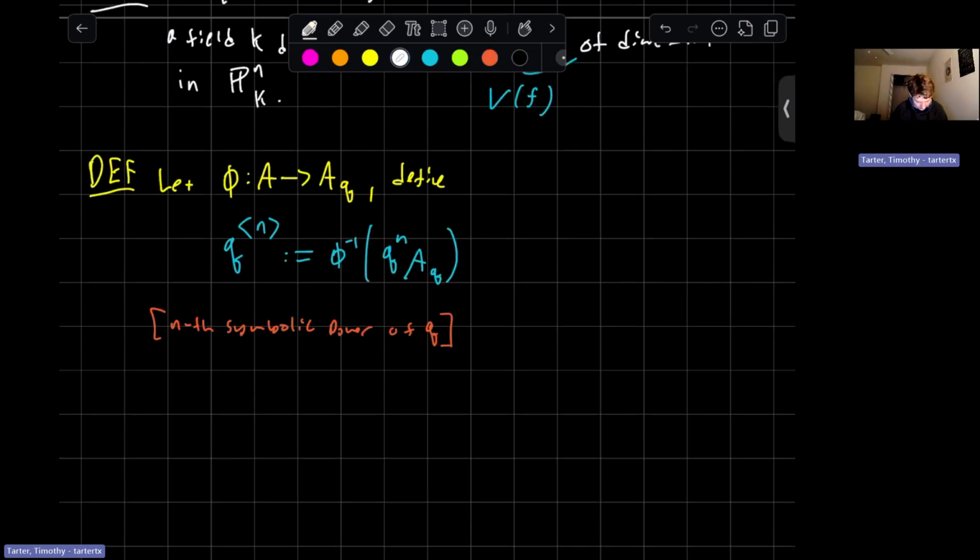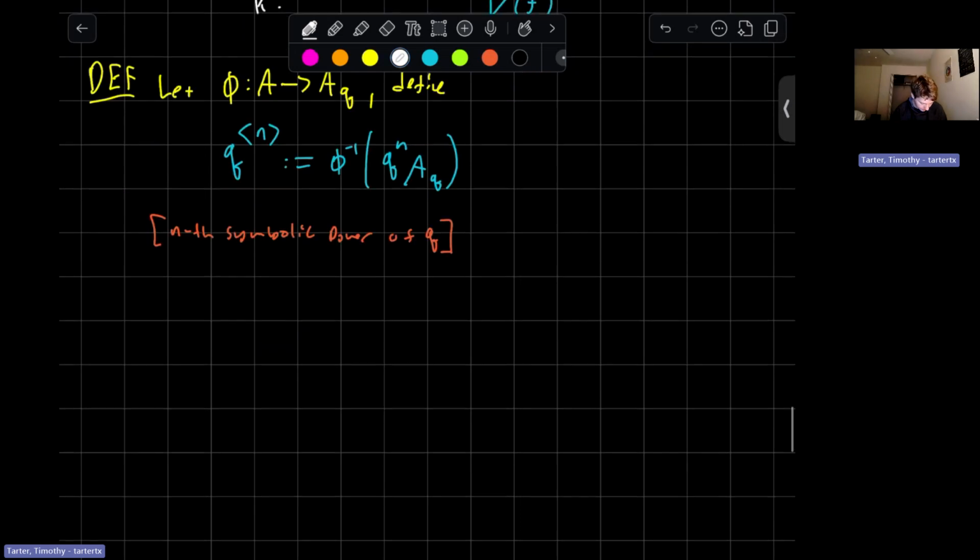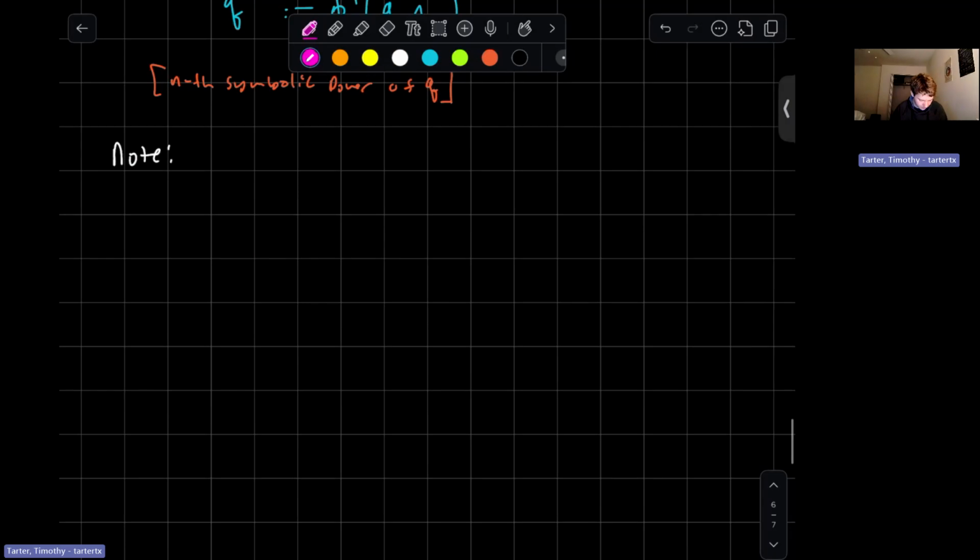And I'm assuming here that phi inverse of Q^N A_Q... I'm trying to figure out exactly what this is. So let's go through the remark.